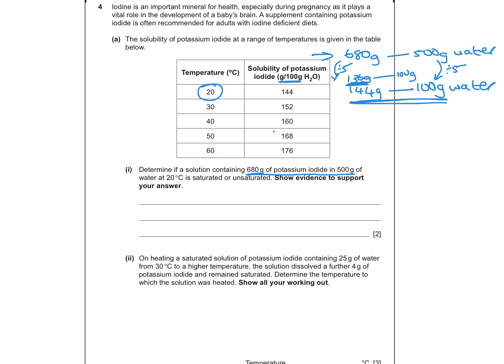Now we have just worked out that in this example, 680 grams per 500 grams of water is equivalent to 136 grams per 100 grams of water. Well, 136 is lower than 144. So this solution is going to be unsaturated.